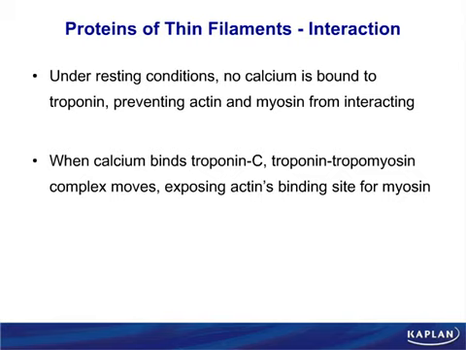Under resting conditions, we have a low cytosolic calcium, so there's very little calcium to bind to troponin, and therefore actin and myosin cannot interact. When calcium binds to troponin C, the troponin-tropomyosin complex moves away, exposing the binding sites on actin for myosin, which we illustrated on the previous slide.